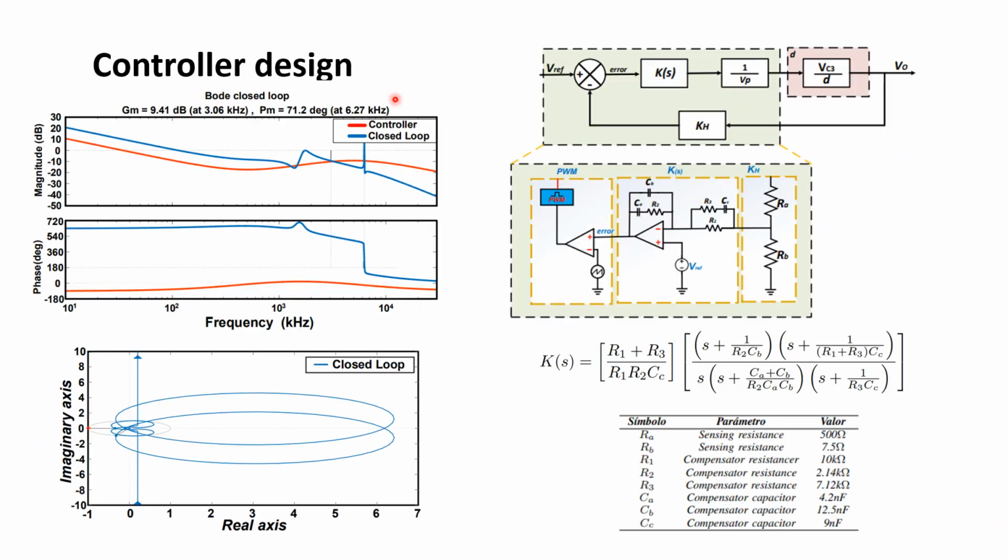This highlights the importance of the controller design, for which a Type 3 compensator was selected. Why was this compensator chosen? It was selected because it includes a pole at the origin, which allows for low frequency disturbance rejection and better reference tracking.